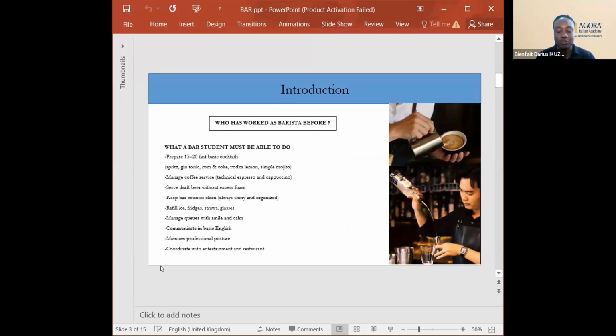When we say basic cocktails, we mean how to mix them, how to make the spritz, the gin tonic, how to serve rum, how to serve beers, and how to make the simple mojito, etc. We get deep into these cocktails and how to prepare them. At the end, students will be able to prepare 15 to 20 basic drinks fast, in 10 minutes.